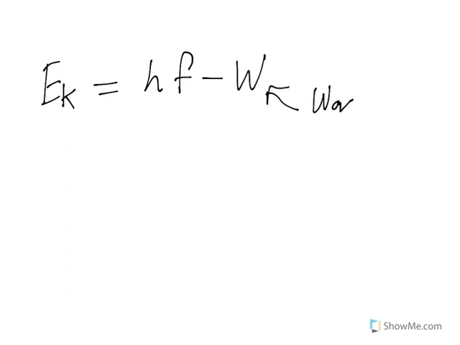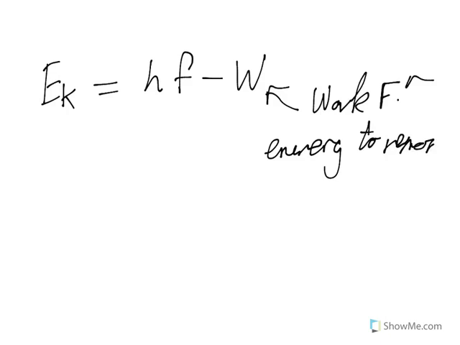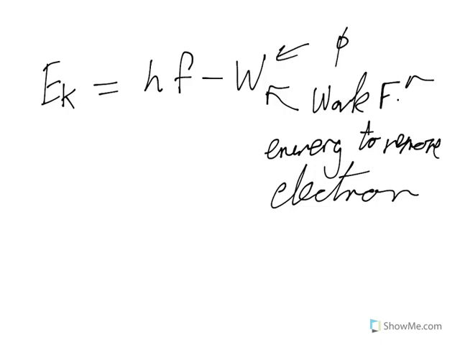So work function: energy to remove an electron. Anyway, not to worry. Now, just as an aside, your textbook for work function uses this symbol phi. So if you're looking at your textbook and you get confused, that's what they're doing.